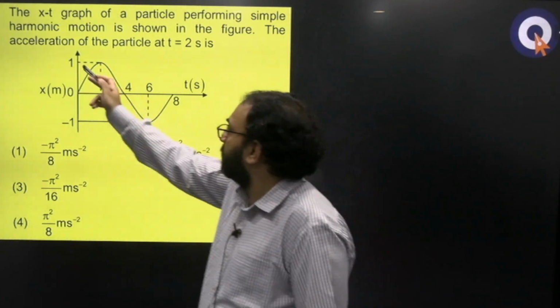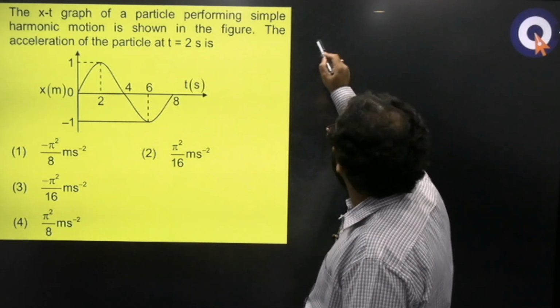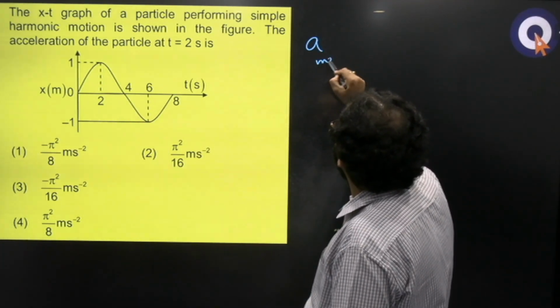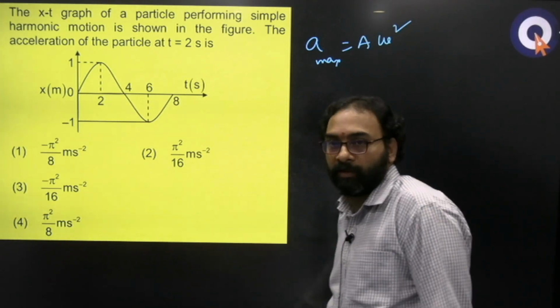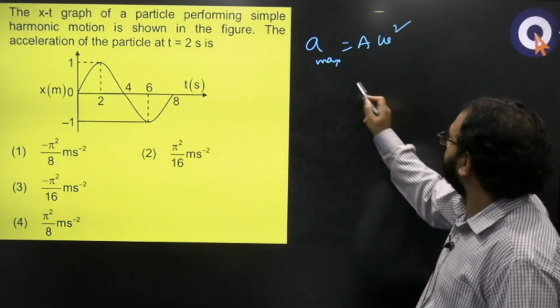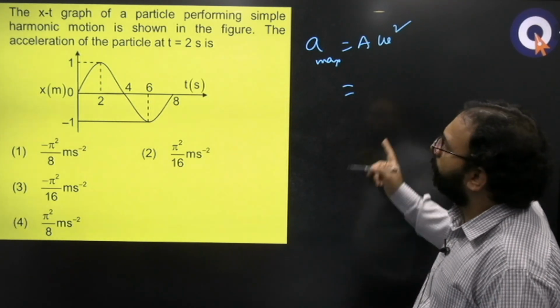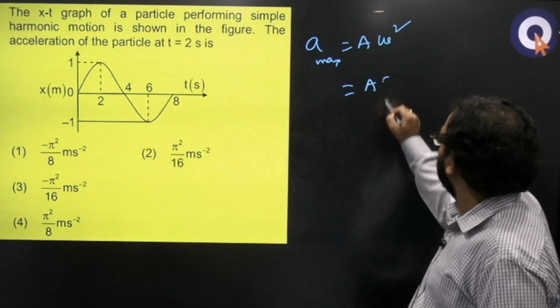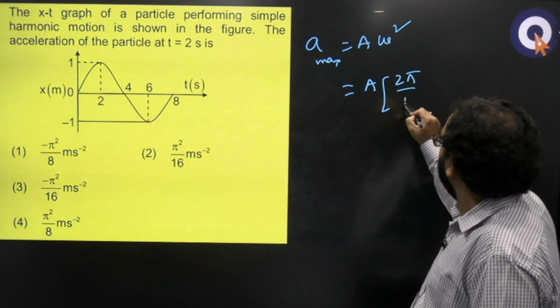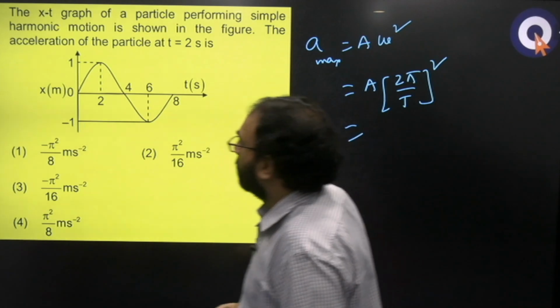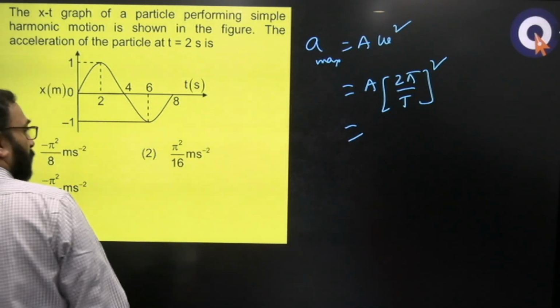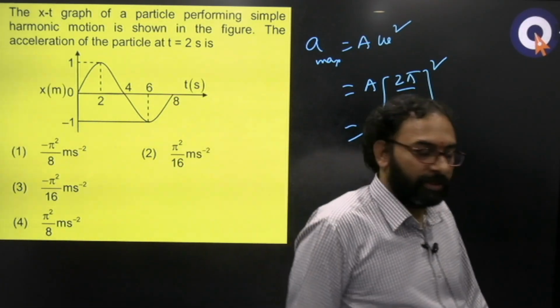So x is equal to a. Now acceleration is simply a omega square. So amplitude into omega square, and omega is 2 pi by T, squared. You can substitute here and you can get the acceleration of the particle by substituting the value.